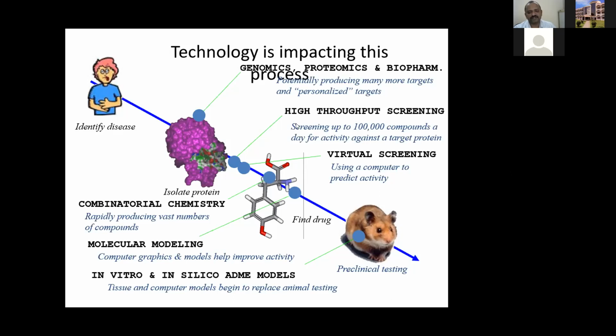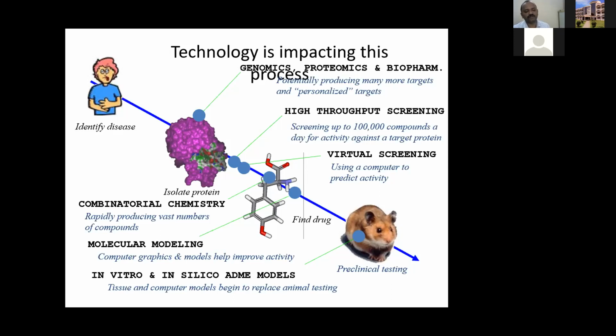We screen hundreds, thousands, lakhs of molecules per day, and we get a trend of which molecule is hitting the target and which is not. With that we can find out the hits, and with the hits we can compile them and come up with the lead structure, and then lead optimization will follow.